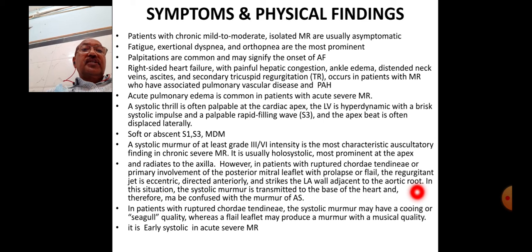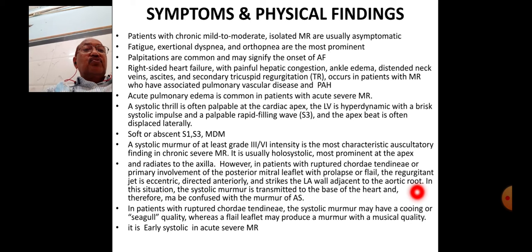A systolic murmur of at least grade 3 to 4 intensity is the most characteristic auscultatory finding in chronic severe MR. It is usually pansystolic, most prominent at the apex, sometimes radiating to the axilla.